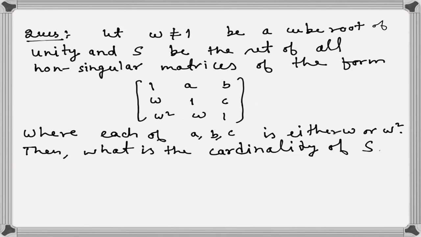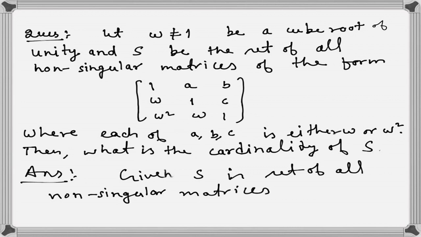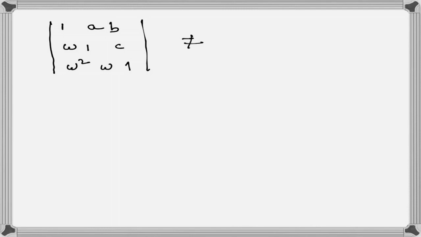Okay, so answer. Given S is a set of all non-singular matrices, then the determinant of this matrix, determinant of [1 A B; W 1 C; W square W 1], is not equals to 0 by the definition.